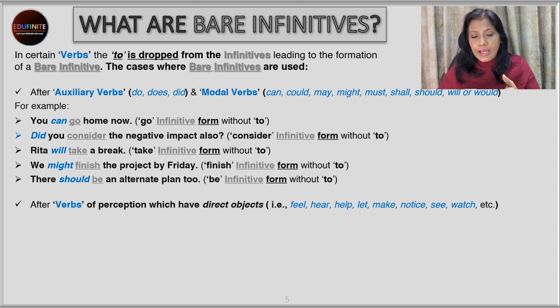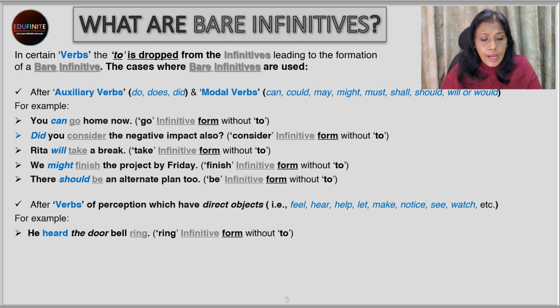Verbs like feel, hear, help, let, make, notice, see, watch, etc. So after these verbs, when the infinitives are the direct objects of these verbs of perception, then we use the bare infinitives. That means the form of the infinitive without the to.